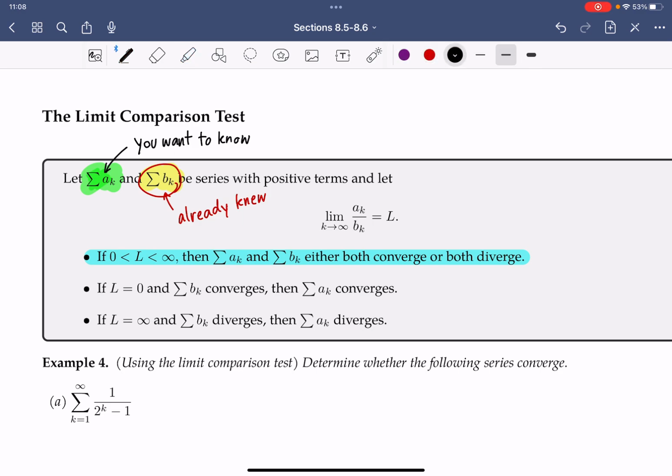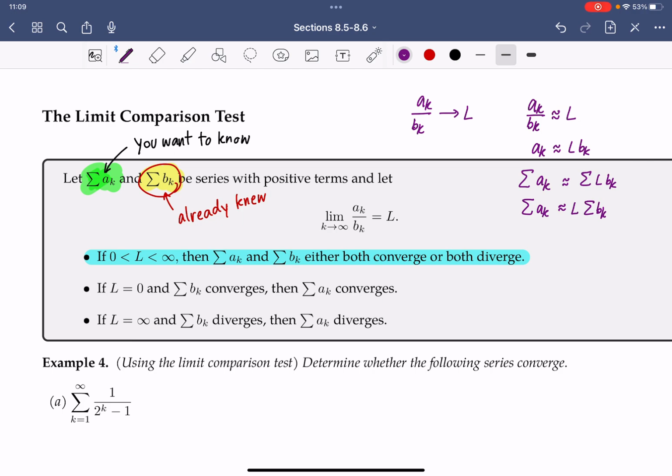Imagine it this way: if you have A subscript K over B subscript K, and the limit goes to L, what does it mean? It means that when K is big, A subscript K over B subscript K is approximately L, because it goes to L. That means A subscript K is approximately L times BK. So when you take the series, sum AK should be about the same as sum LBK. If you pull out L on the right-hand side, sum AK is approximately L times sum BK.